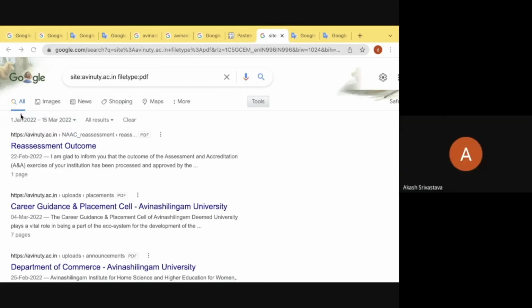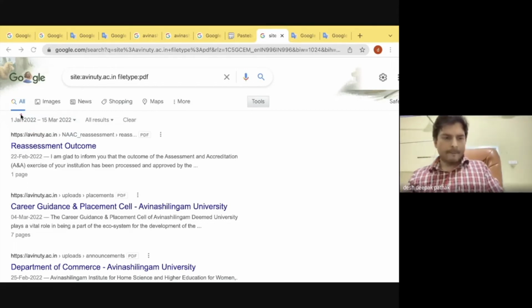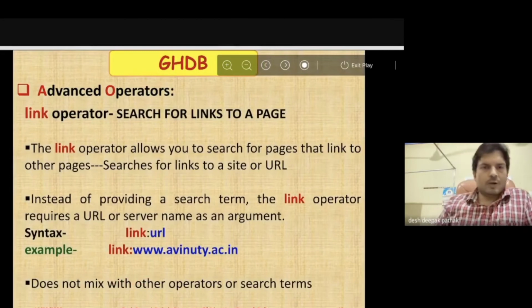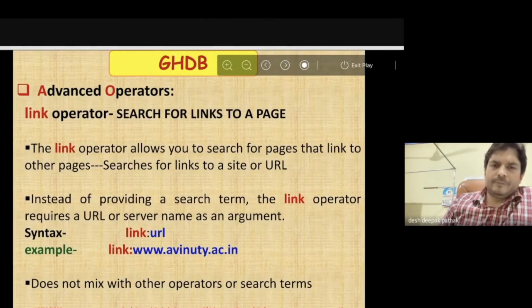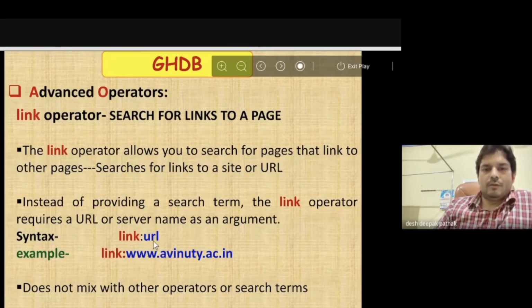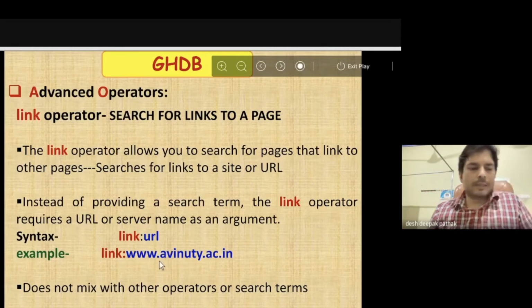Okay. Now the next operator. You can easily understand how we can use multiple operators in simple Google search. The link operator allows you to search the pages that link to other pages, meaning all the web pages which have a link to this URL.